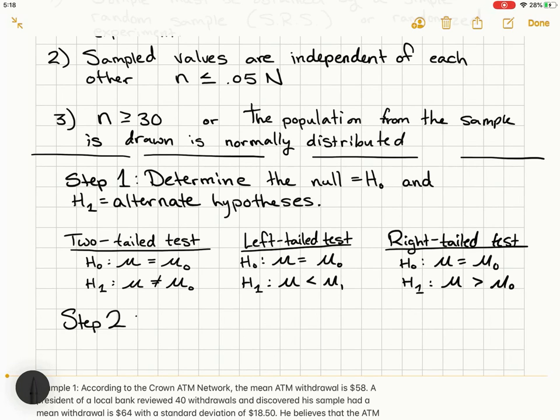Step 2. What you need to do in step 2 is select a significance level.